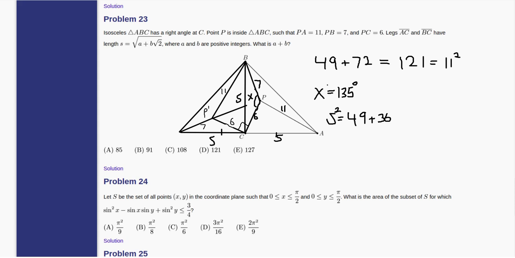But cosine x, if x is 135 degrees, is negative 1 over the square root of 2, or equivalently negative square root of 2 over 2. So the factor of 2 and the negative will cancel out. So we just get square root of 2 times 42, which is 6 times 7.